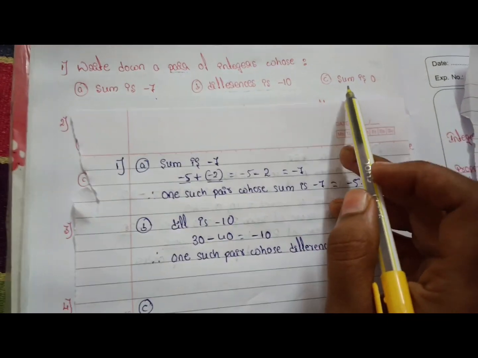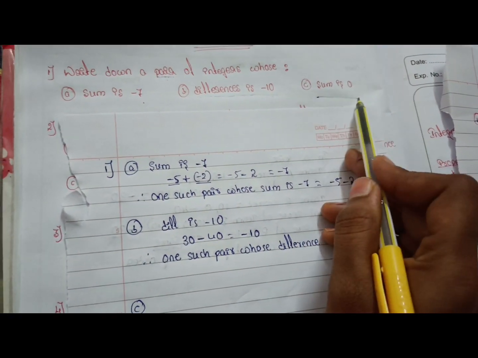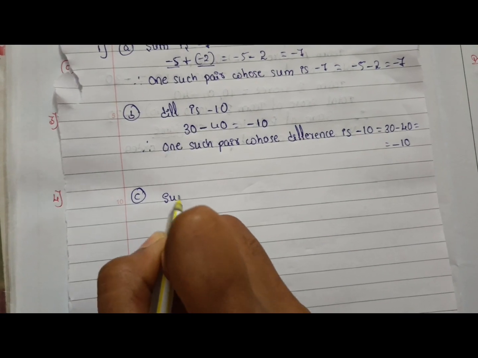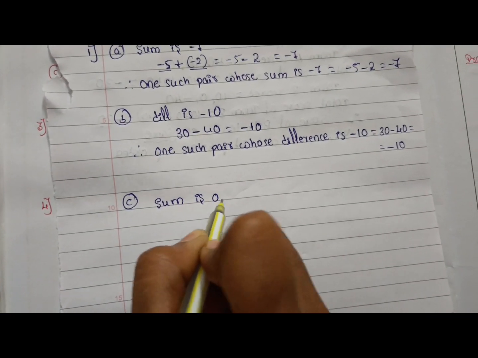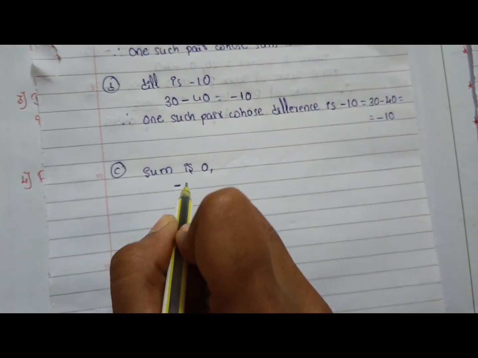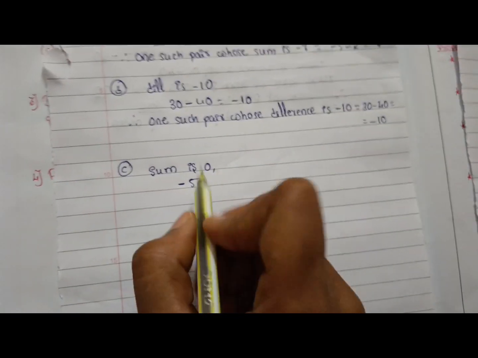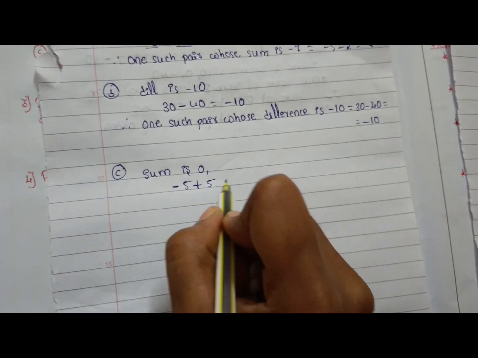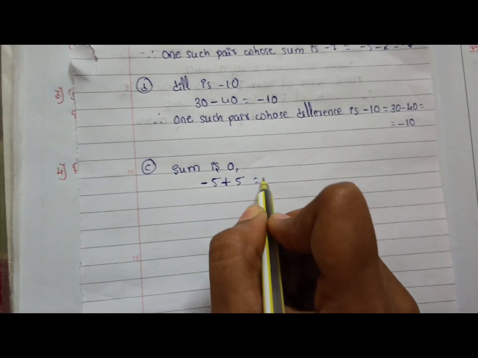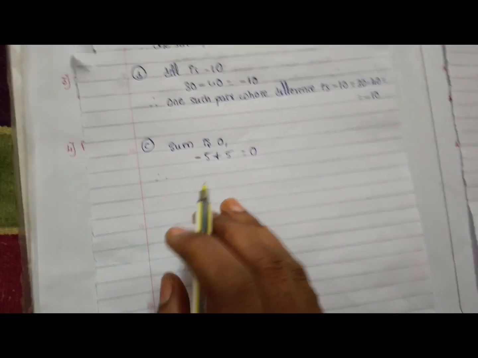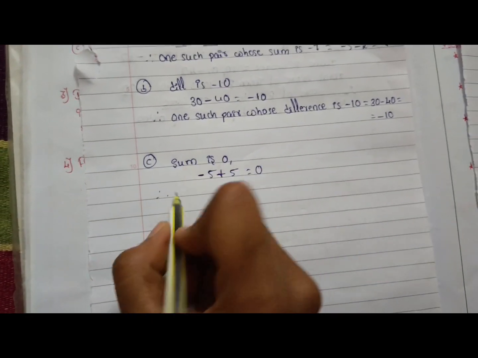Next question: a pair of integers whose sum is 0. Take minus 5 plus 5, whose sum is 0. Plus 5 minus 5 is equal to 0. So the two integers are minus 5 and 5.